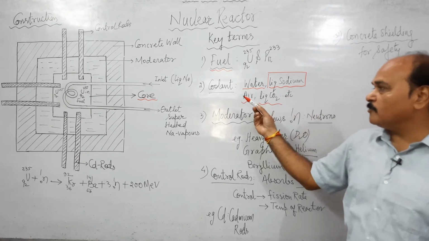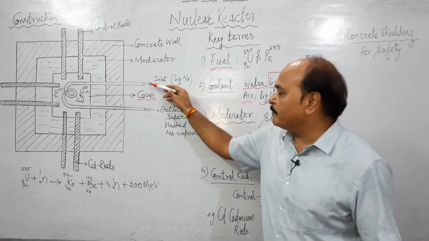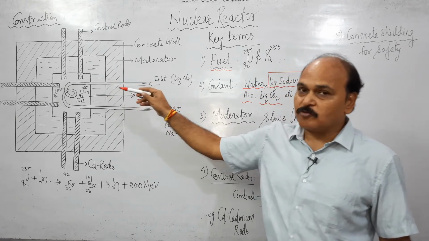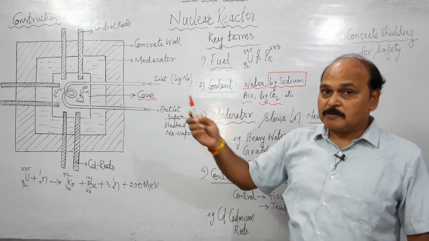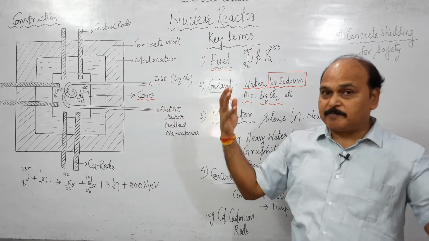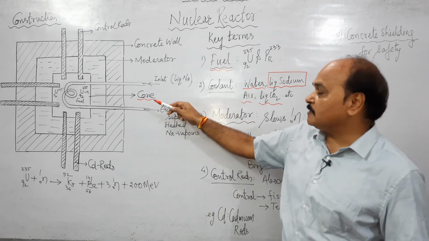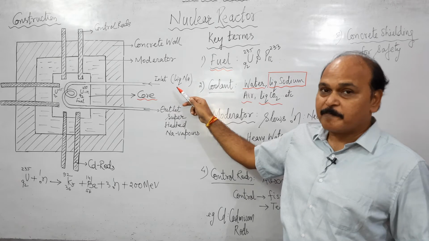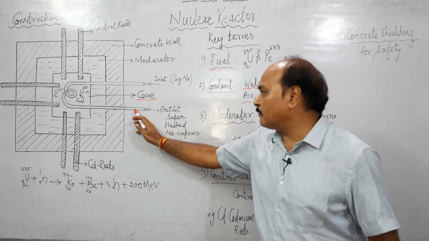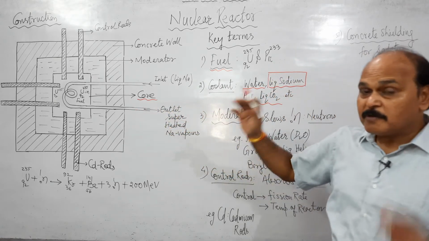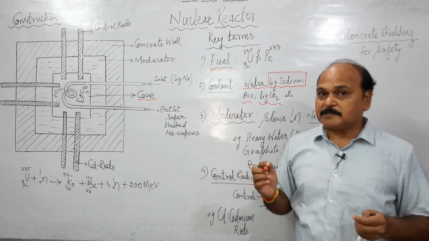As liquid sodium moves through this pipe and gets inside the core, where nuclear fission reaction is taking place, a huge amount of energy is produced, and that energy is absorbed by the liquid sodium. So liquid sodium comes out of this outlet in the form of superheated sodium vapors.